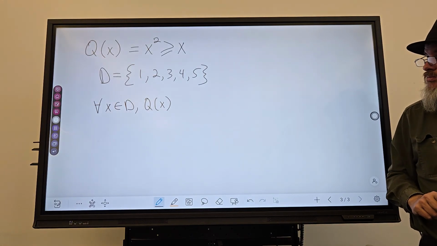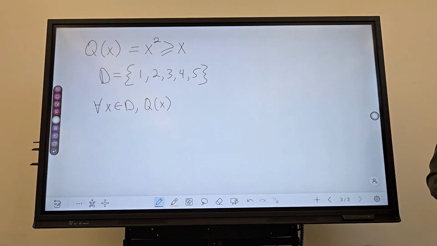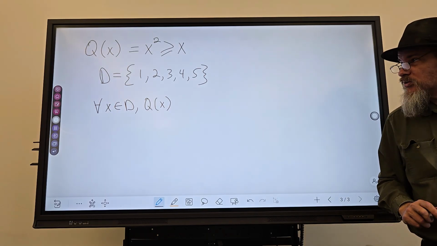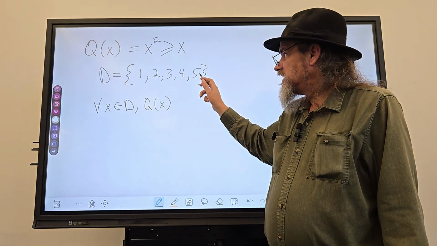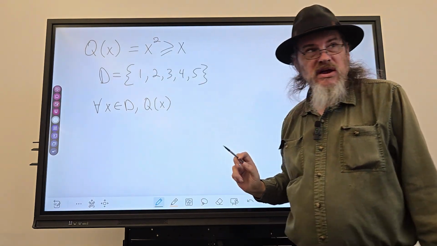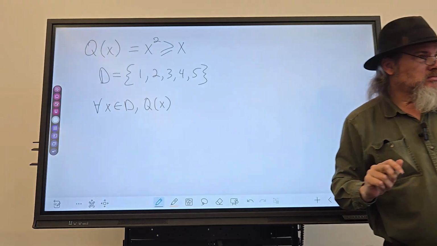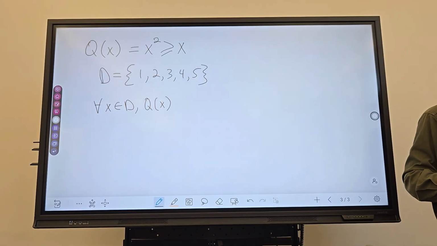Is it? x squared is greater than or equal to x? It's true. You could demonstrate its truth by plugging each element of D into the equation and seeing if it is true for each element in the domain.